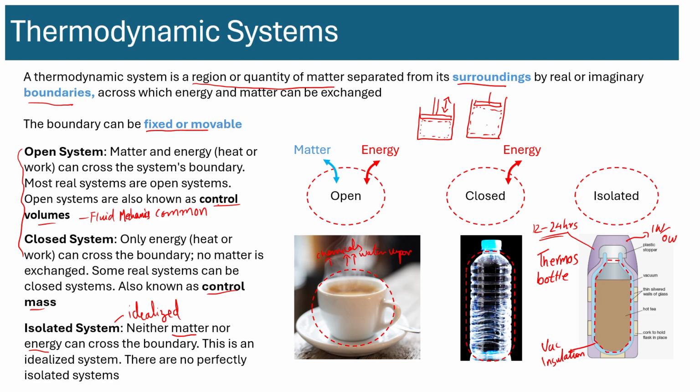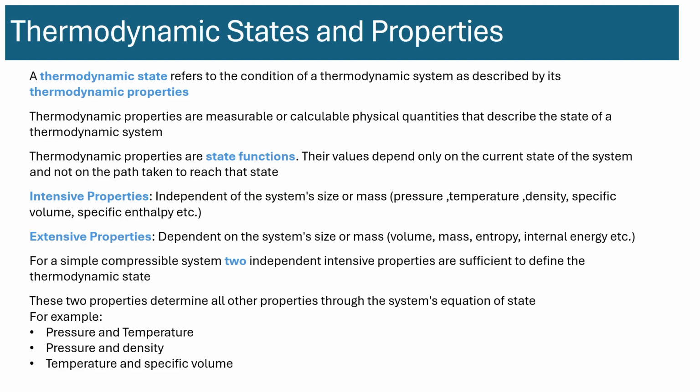Now, the next concept is the state of the system. What state is the system in? If you have a bottle of water, what is its state? What temperature is it at currently? That's what we mean by state. What are the properties of that system?